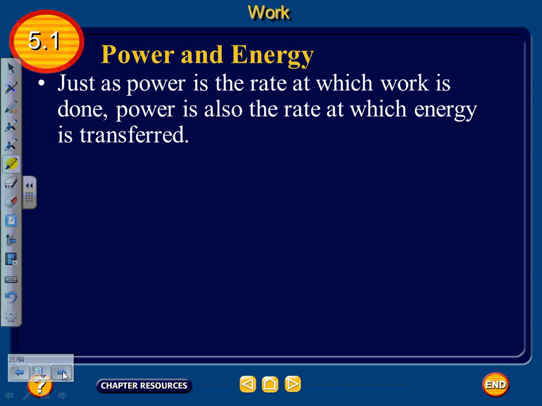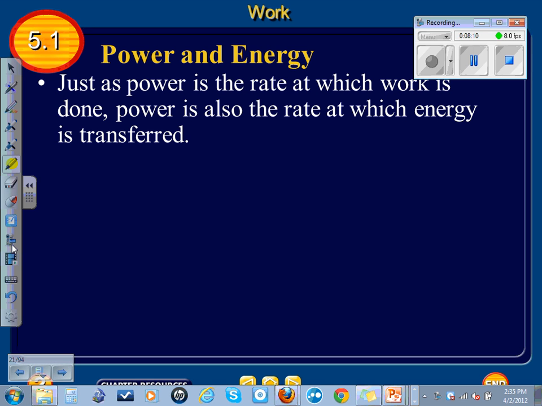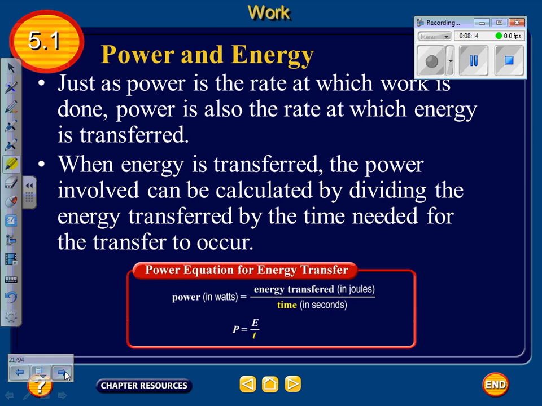Power and energy. Just as power is the rate at which work is done, power is also the rate at which energy is transferred. When energy is transferred, the power involved can be calculated by dividing the energy transferred by the time needed for the transfer to occur.